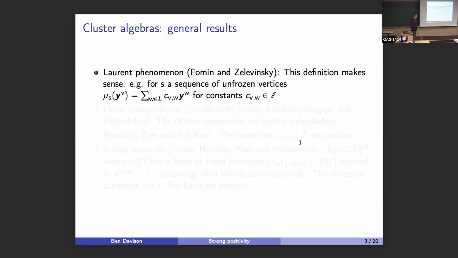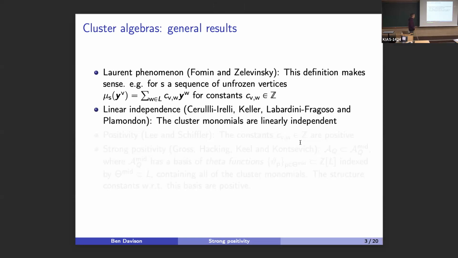So iterated cluster mutation stays within the ring of Laurent polynomials. So that is, the definition makes sense. So if I take an original Laurent monomial here, I guess I want the exponents for v to all be positive, and I mutate it any which way I like, then what I get out in the end is some Laurent polynomial with coefficients where those coefficients belong to the integers. So that's something that was proved at the outset of the subject by Fomin and Zelevinsky.